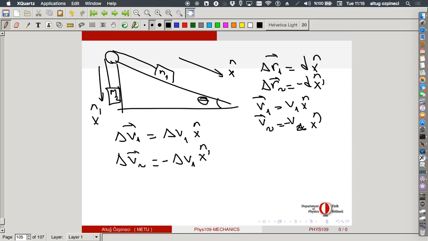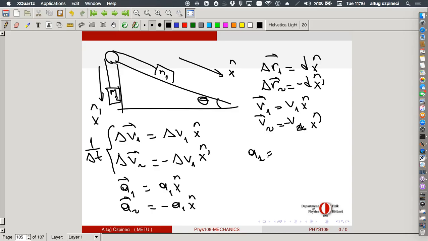Well, divide by delta t, or multiply by 1 over delta t. This tells me that if a1 is equal to a1 in the x-hat direction, then a2 should be equal to minus a1 in the x-hat direction. Well, this is delta v1, the same v1. a1 here is nothing but delta v1 divided by delta t.